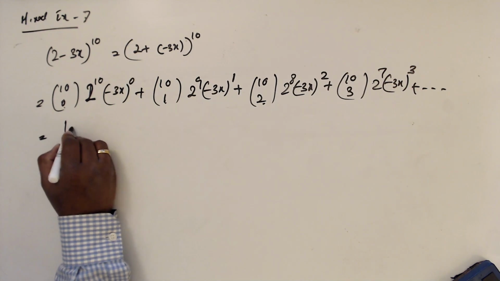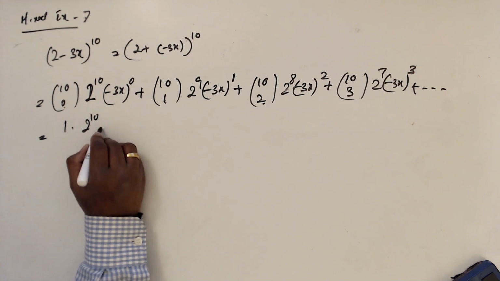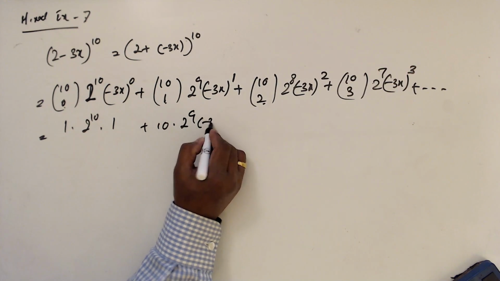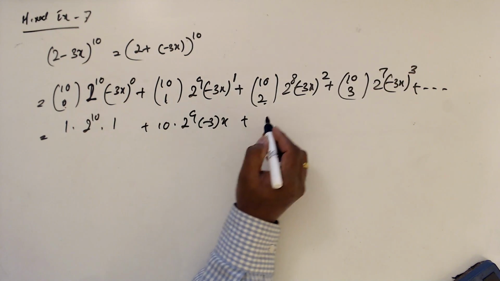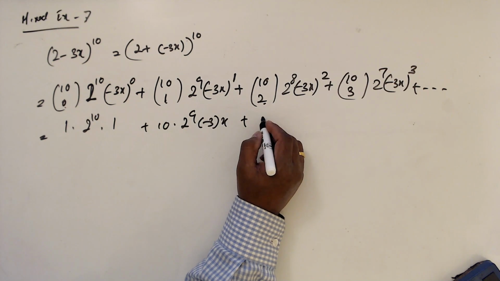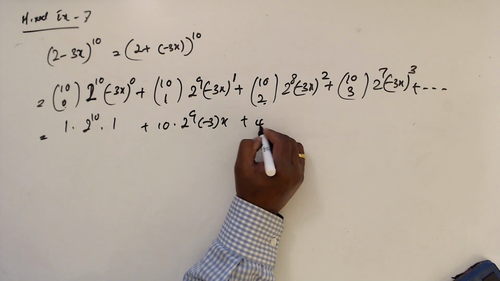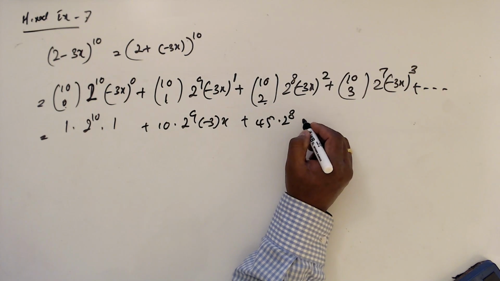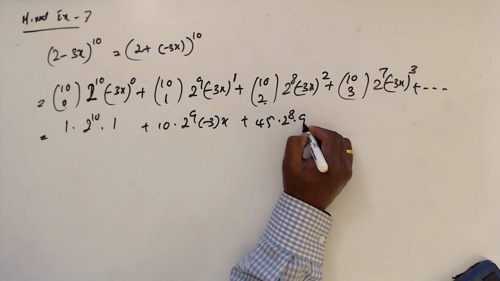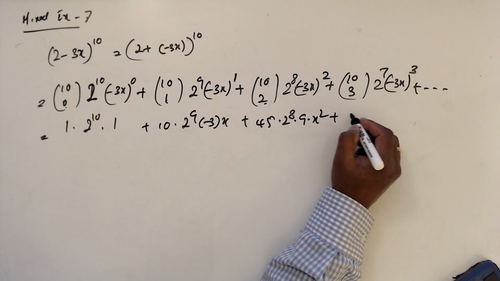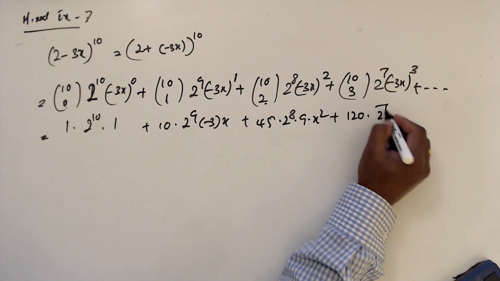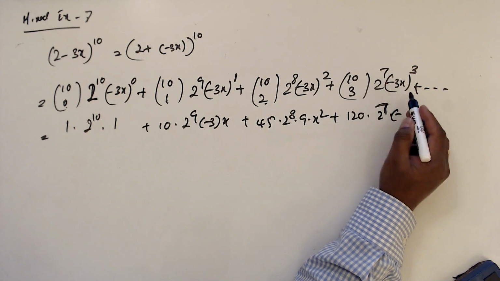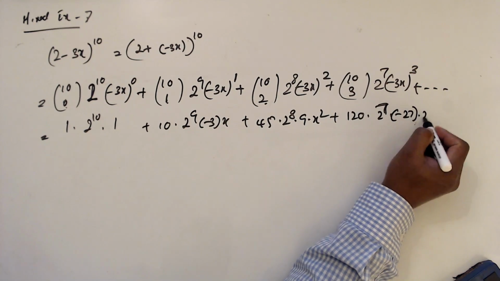This is 1, 2 to the 10, then 10 times 2 to the 9 minus 3 times x, plus 45 times 2 to the 8 minus 3 squared, 9x squared, then 120 times 2 to the 7 times minus 27x cubed.